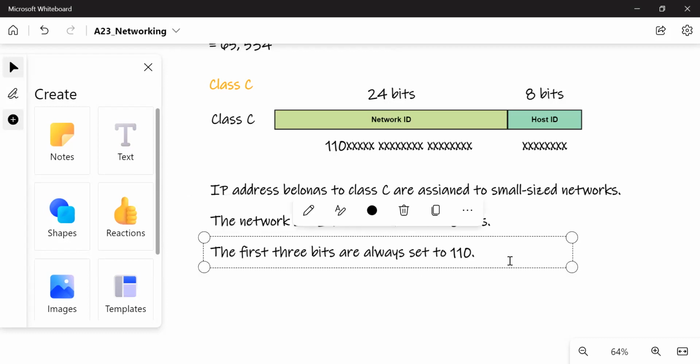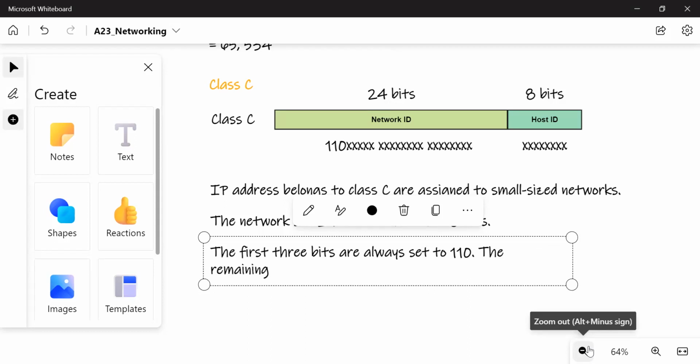So that means of the remaining, we have 21 bits used to determine the network bits.